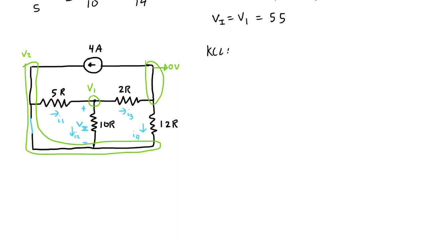KCL: there's I1 going in, I2 leaving, I3 leaving. Got another KCL. Let me do it this way.